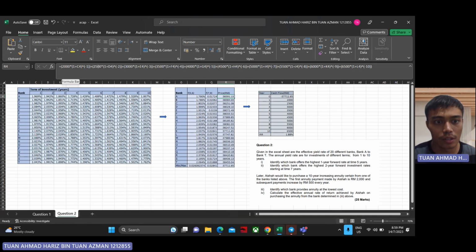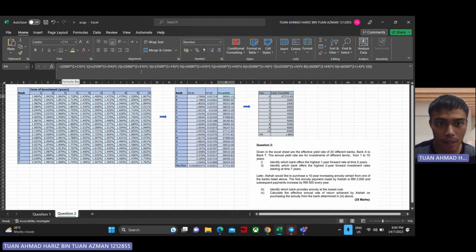All right, and then we can see here 2,000, and then plus 2,500 multiplied with 1 plus spot rate 2 to the power of negative 2, and then plus 3,000, because 2,500 plus 500, the annuity payment for the third year.